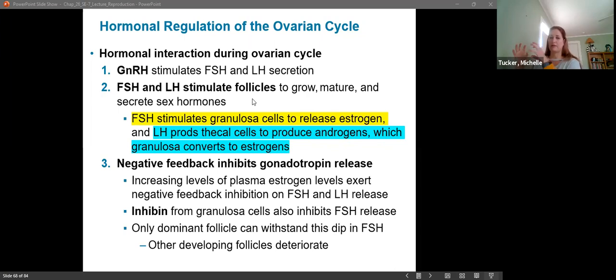So that higher estrogen, which is still just a middling amount, is going to feed back to the hypothalamus and anterior pituitary, and stop more follicles from being recruited for development. That causes a dip in FSH and LH, and of those 20, only the dominant follicle will be able to withstand that dip in hormone level, and the rest, the 19, will go into atresia.